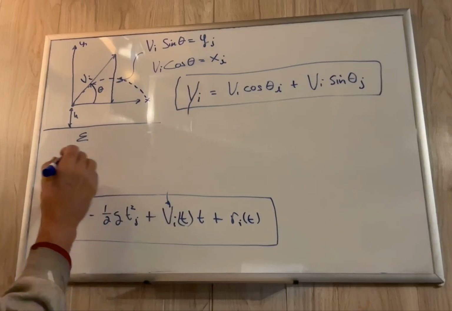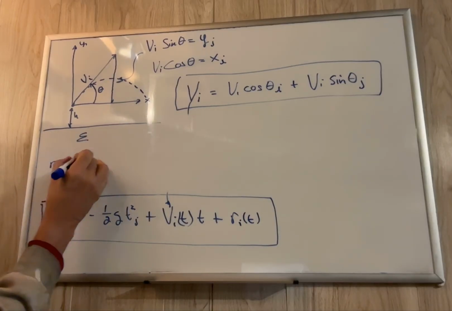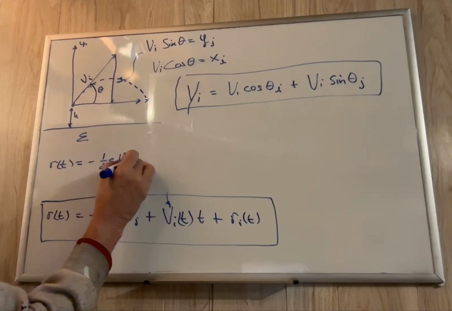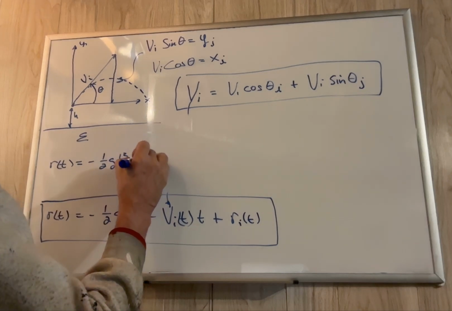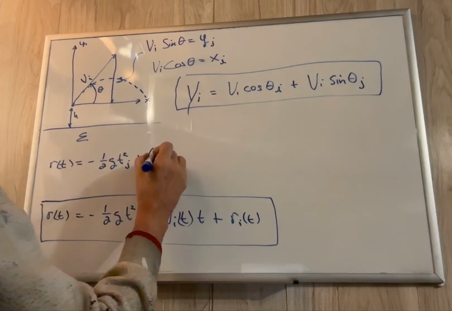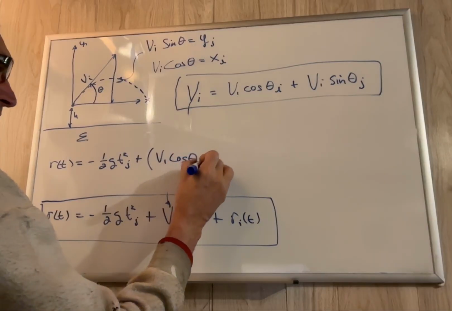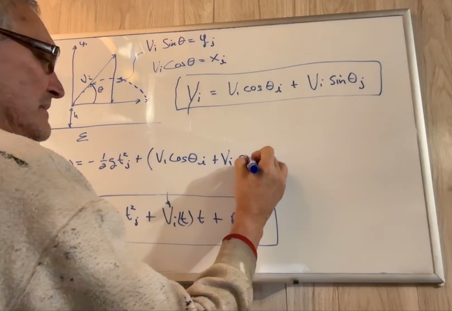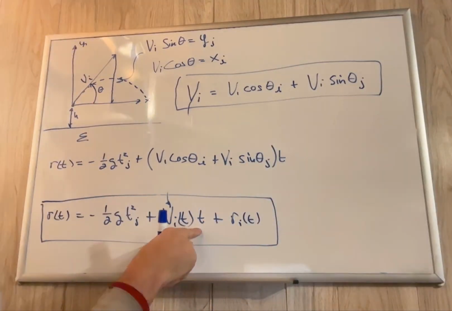So if we put that in there, we're going to have r of t equal to negative 1/2 g t squared in the j direction, plus velocity initial cosine theta i plus velocity initial sine theta j times t, right?